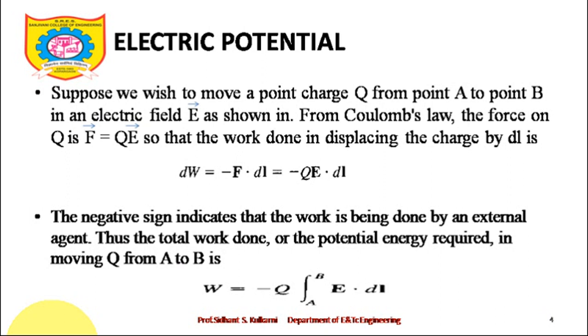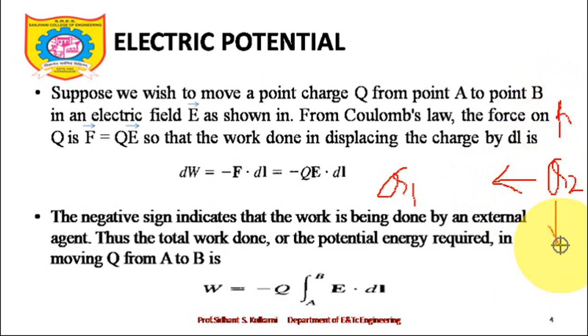Potential is this: if we wish to move a charge q from point A to point B in an electric field E bar, then from Coulomb's law the force on q will be as follows. Let's say there is a certain charge q1, and I want to move it toward another charge q2, which has an electric field associated with it. You already know these electric fields and flux lines.